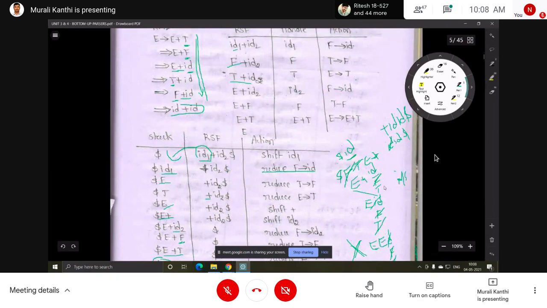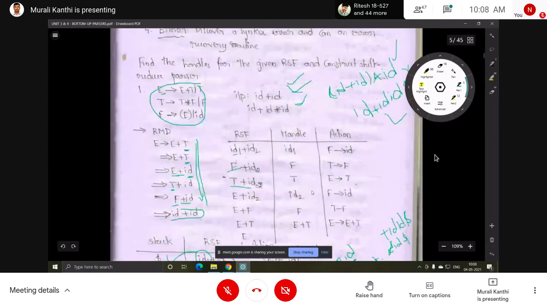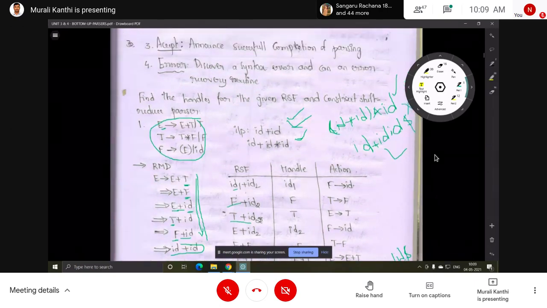Next, you have to do this one within the opening and closing parentheses: id plus id into id, by using the shift reduce parser. Find the handle for the given string, and verify whether the input string is accepted by this grammar or not.